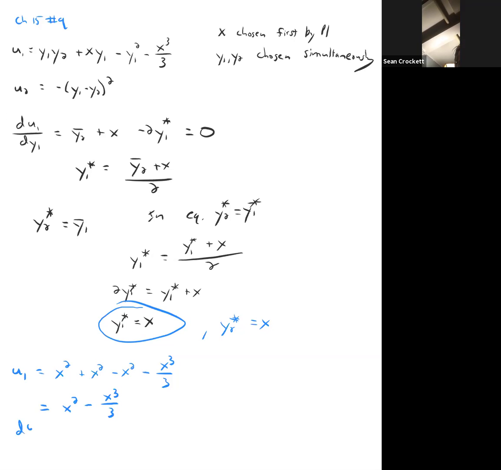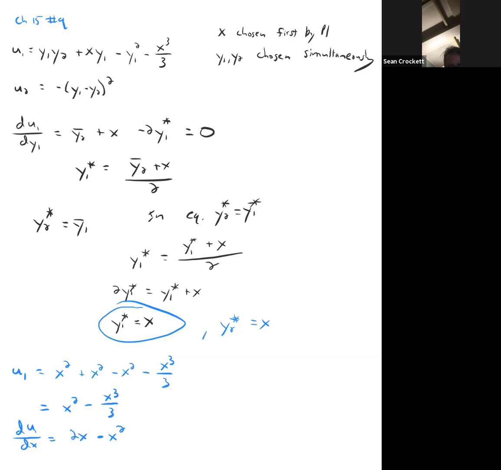And so if we take the derivative of utility with respect to x, we're going to get 2x minus 3x squared over 3, where the 3's are going to cancel out. So it's minus x squared. Okay? And if we take the second derivative, the derivative of the derivative, we're going to get 2 minus 2x.